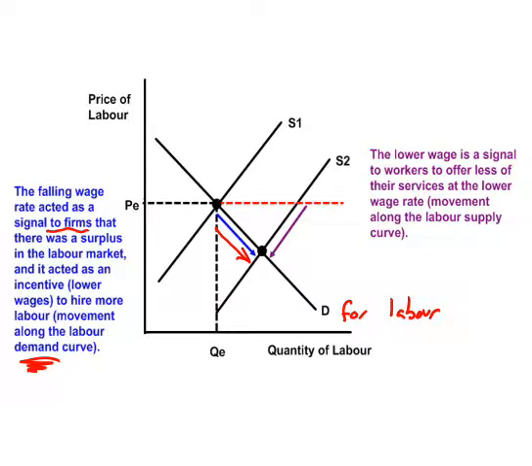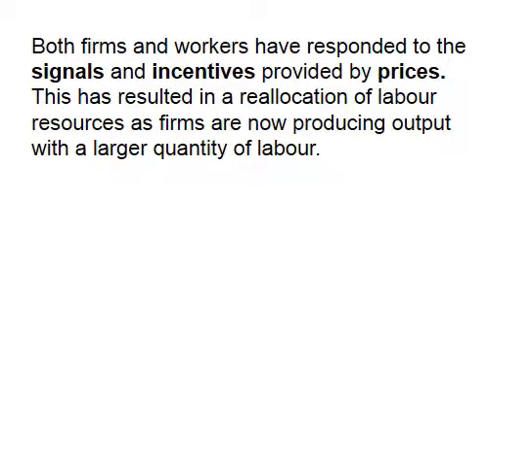In terms of the suppliers of labor, which means you and me and anyone else in the labor market, the lower wage is a signal to workers to offer less of their services at the lower wage rate. So we have a movement along this new supply curve to the equilibrium. Both firms and workers have responded to the signals and incentives provided by prices.